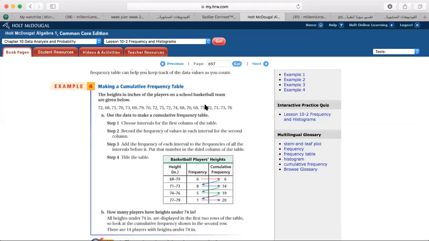Let's learn how we can do it. After we do the frequency table, we will add another column in the table that is called cumulative frequency.